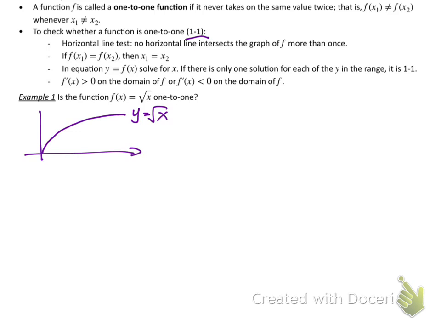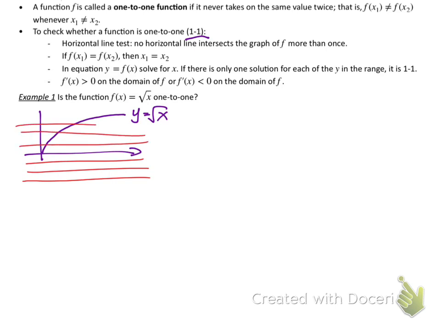And when you use the horizontal line test, you just push through all the horizontal lines and see if anywhere a horizontal line will meet the graph more than once. If you have a horizontal line that intersects the graph more than once, it fails. Ours doesn't.